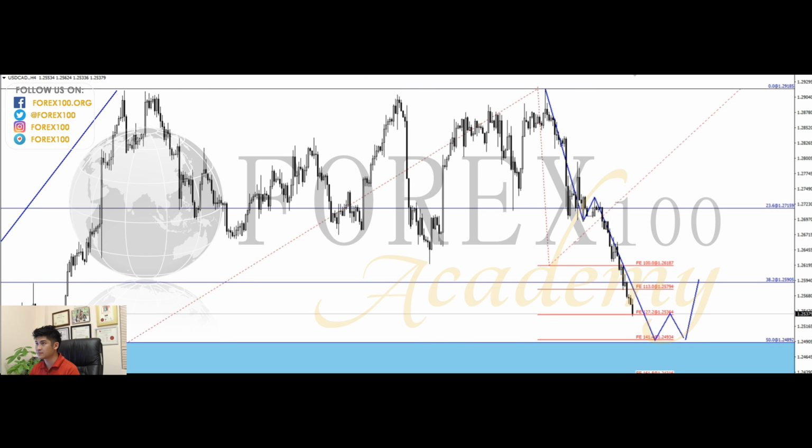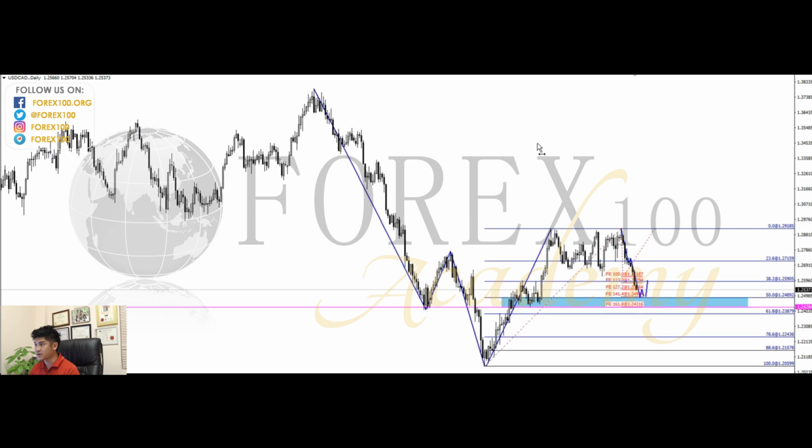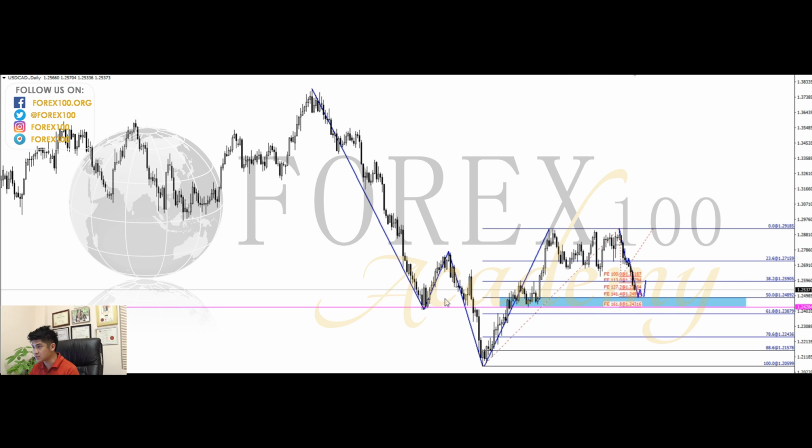Let me just do this for you. It's clearer. The market actually consolidated at this region. Can you see that? If I zoom out to a higher time frame, you'll see that that is actually your previous left shoulder. If you treat this like a head and shoulder formation, over here is the top part of it as well.